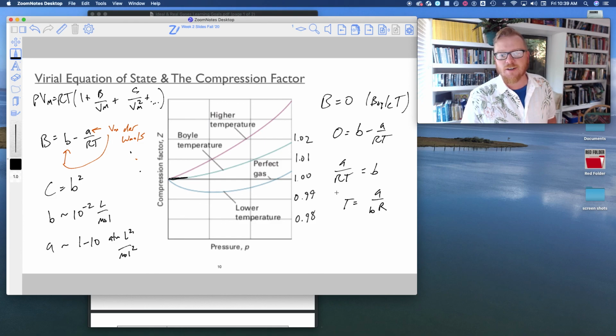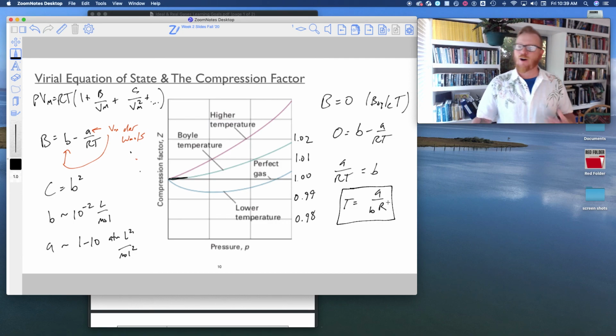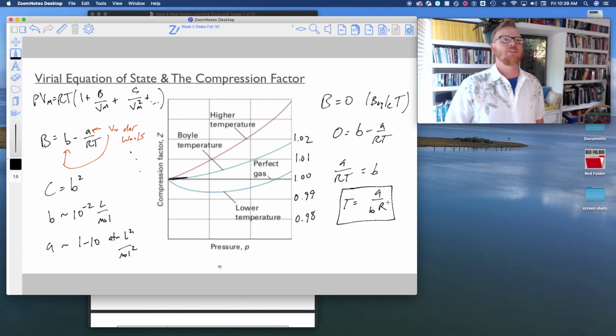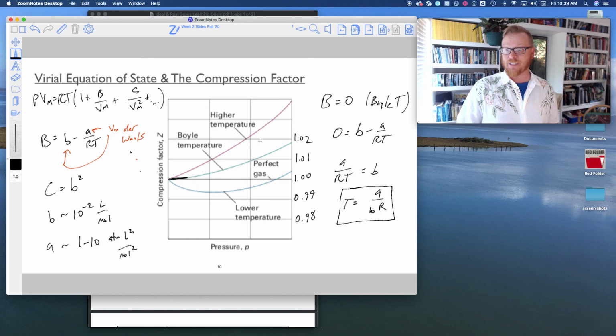So again, this is another kind of cool thing in PChem, right? All of these fundamental constants, A, B, and R, we combine them and we get to something specific. Very cool stuff, okay?